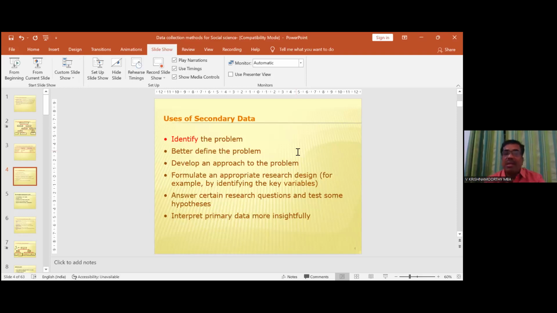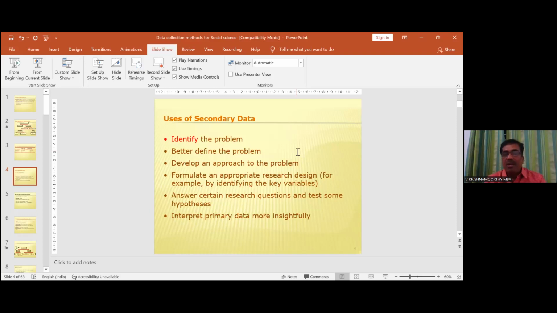So what are the uses of secondary data? You can identify the problem. Once you have the data, you can identify the problem. Similarly, you can also define the problem more accurately. That is also very important. Unless you have data, you cannot define the problem. Similarly, you can also develop the approach to the problem.